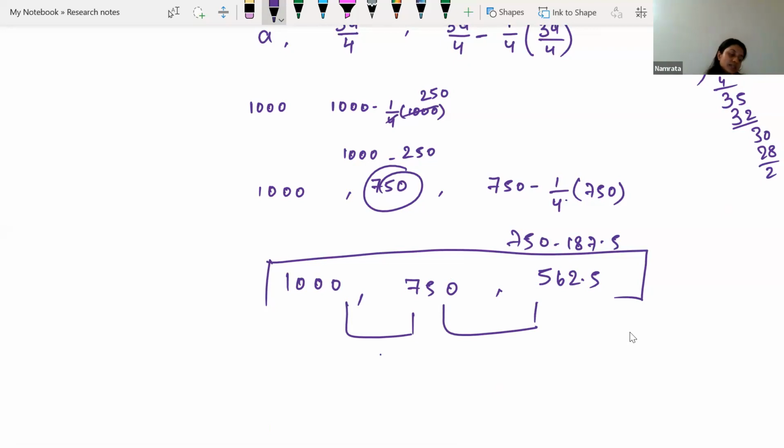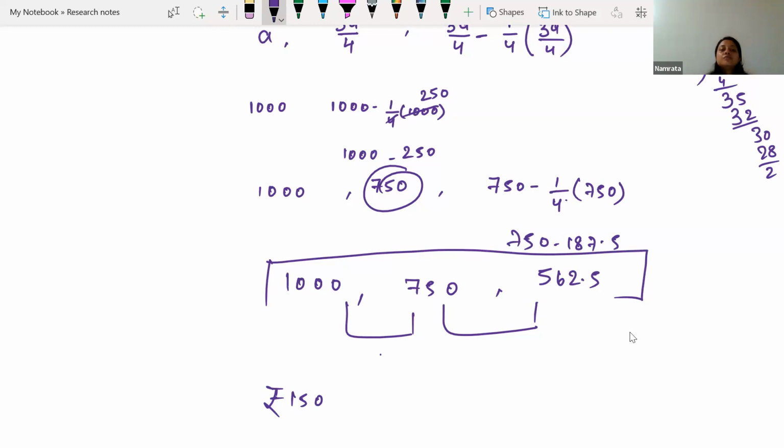Now the next one says the cost of digging a well after every meter of digging, when it costs 150 rupees for the first meter and rises by 50 rupees for each subsequent meter. So for the first meter the cost of digging is 150 rupees. Then again and again it is rising by 50 rupees.